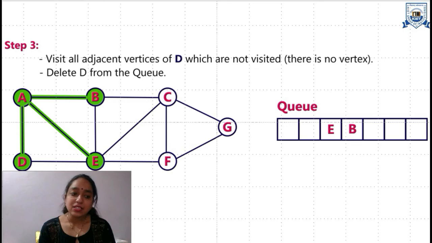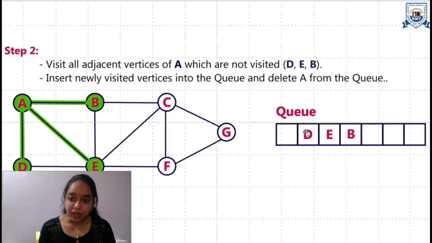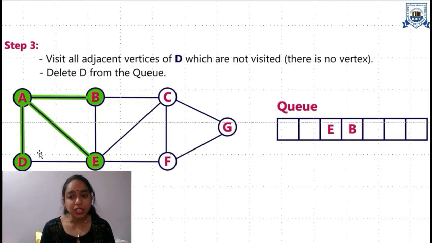Now at the front the vertex is D, since we inserted D first. We visit all the adjacent vertices of D which are not visited. The adjacent vertices of D are A and B, both already visited and present in the queue, so there is no new vertex, and we delete D from the queue.